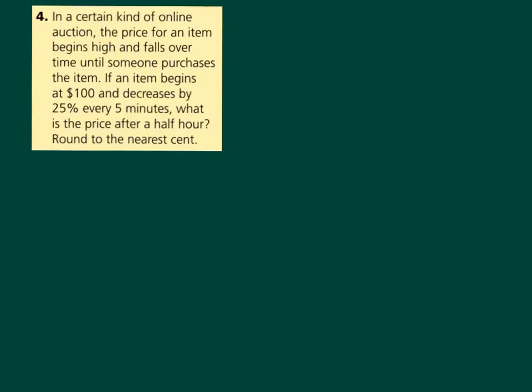So we have an online auction. The price for an item begins high and falls over time until someone purchases the item. If an item begins at $100, so the first term is 100, and decreases by 25% every 5 minutes, what is the price after a half hour? If it's changing every 5 minutes, after a half hour, how many times has it changed?